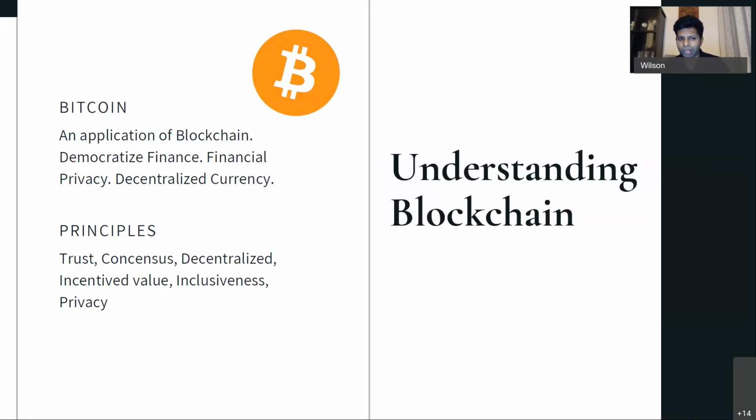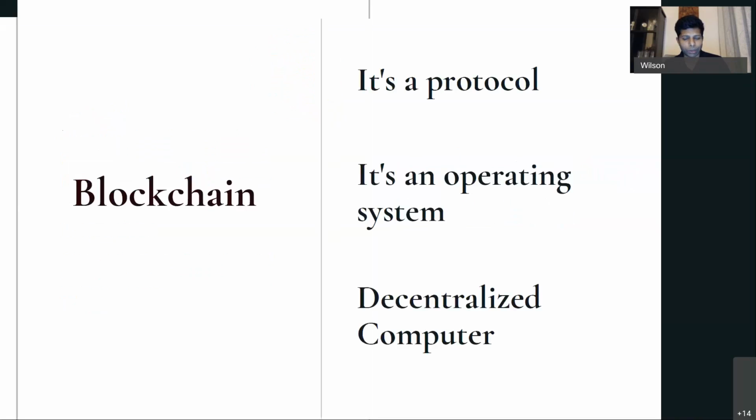So the principles are primarily trust, decentralization, mutual consensus, everyone has to agree to it, and inclusiveness, openness, the way it operates. All those principles will be used, and we will look into that as well.